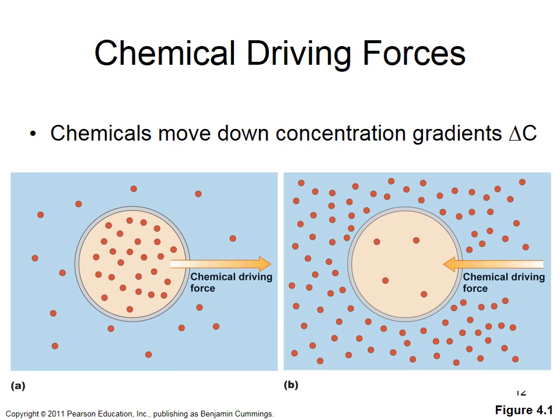Right. Chemicals that are uncharged will move just down their concentration gradient. Okay, so here we have a chemical that's in higher abundance in intracellular fluid versus extracellular fluid. So we could think of this orange circle as carbon dioxide. Okay, so carbon dioxide is in higher abundance inside our cells than outside of our cells.